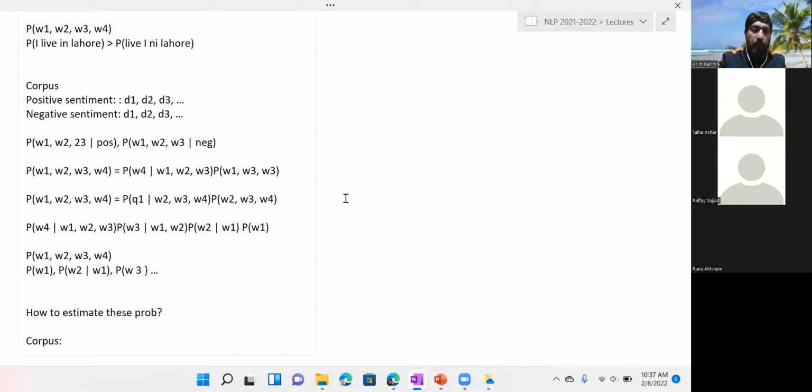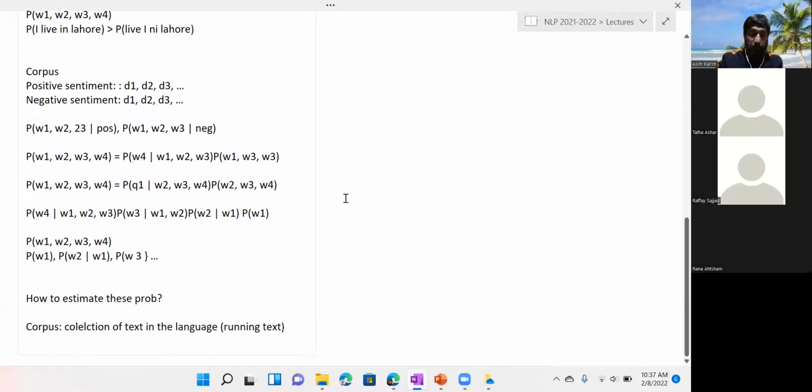A corpus is basically a collection of text in the language. Sometimes we also call this a running text. It could be a book, it could be multiple books, it could be multiple pages from the web, it could be anything, as long as you have those sequences of characters and sequences of words. So that would be our corpus.